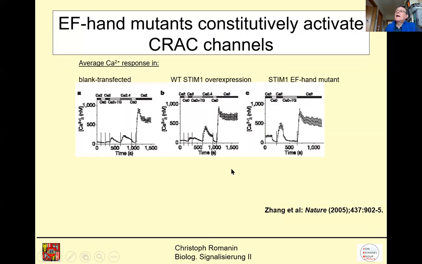So what can be further done to make this story more conclusive? What you can see here is whenever wild-type STIM was overexpressed, and you can see it here in cells, this is a blank transfection, so this is a control.